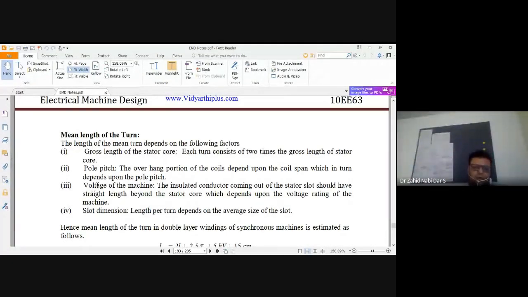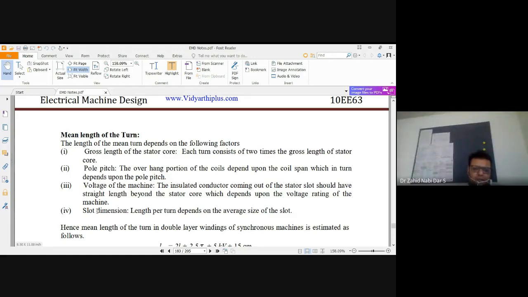One important factor over here is the mean length of turn. This mean length of turn depends upon the following factors. The primary factor would be the length of the stator core, which consists of two times the gross length of the stator core. Apart from that, you have the pole pitch. The overhang portion of the coils depends on the coil span, which in turn depends upon the pole pitch.